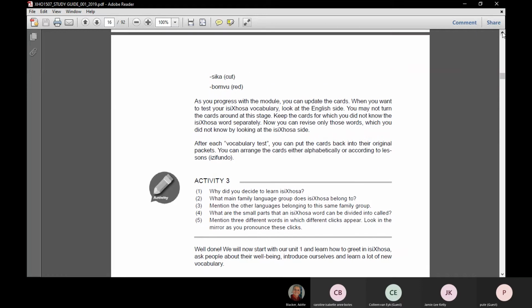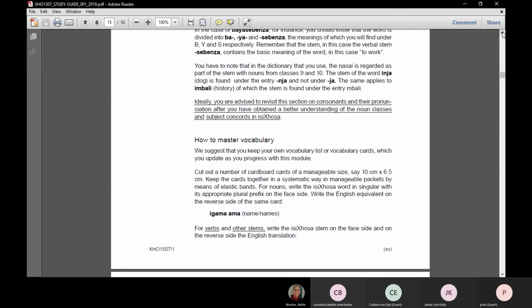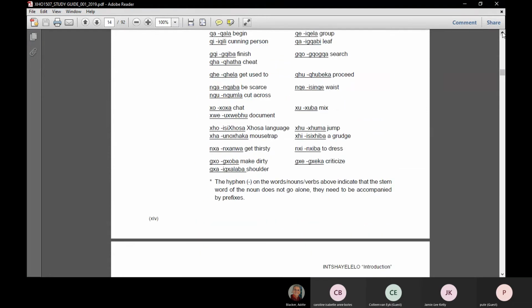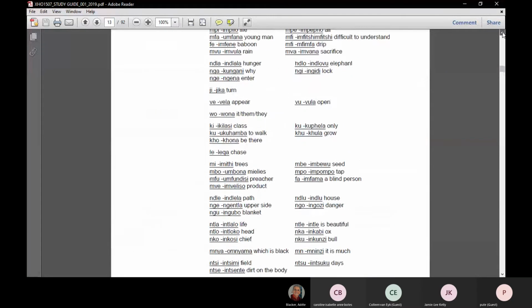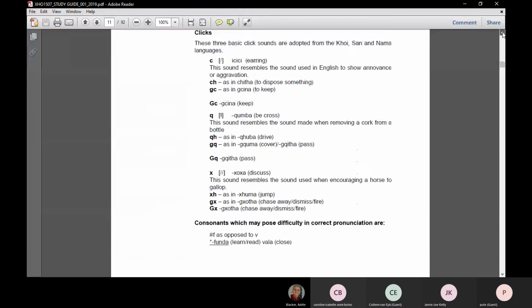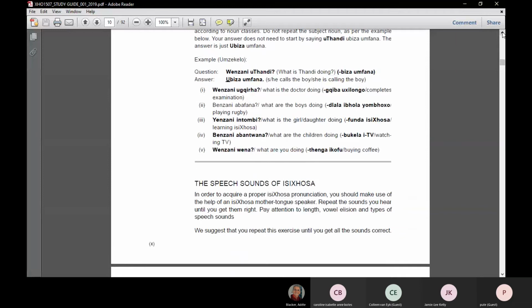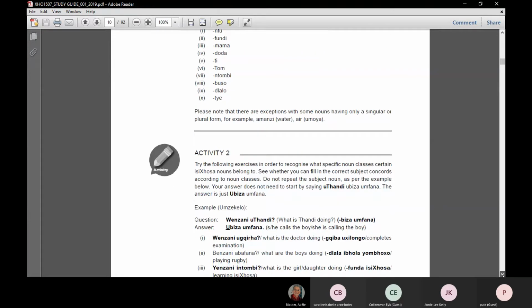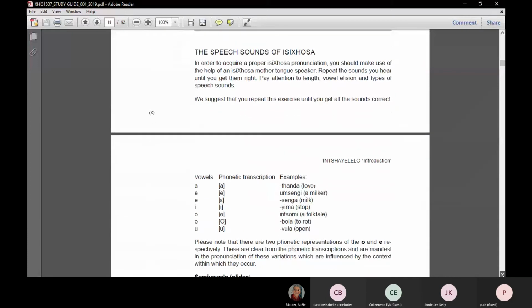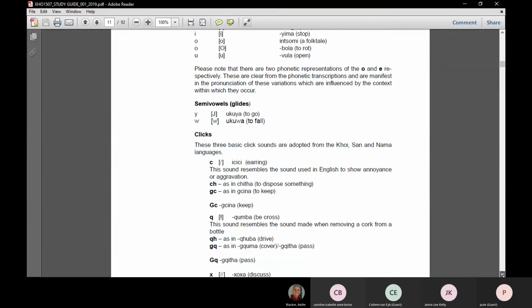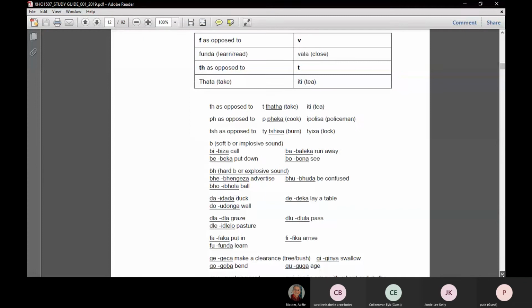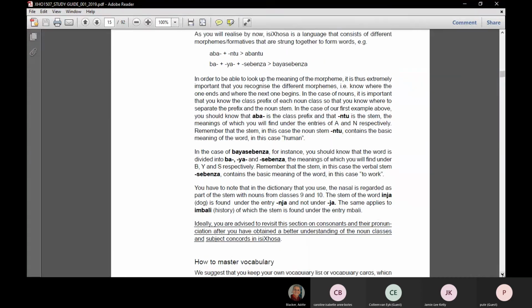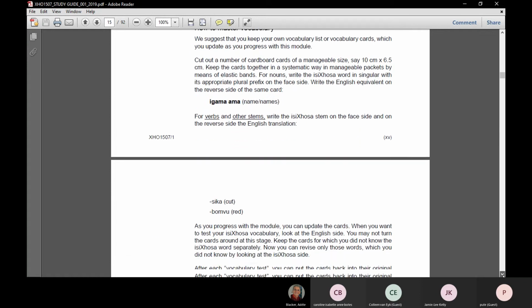Let's just double check if they are talking about morphemes. A prefix, a root, and a suffix.